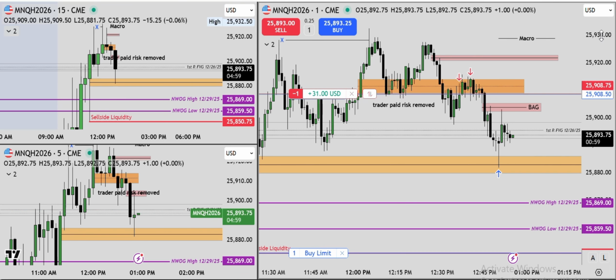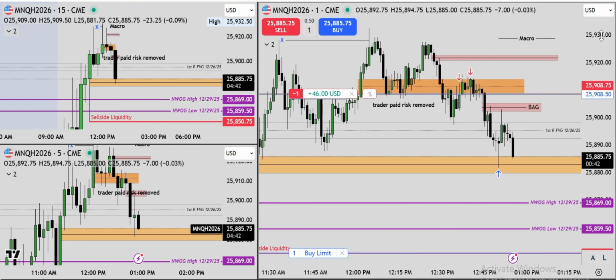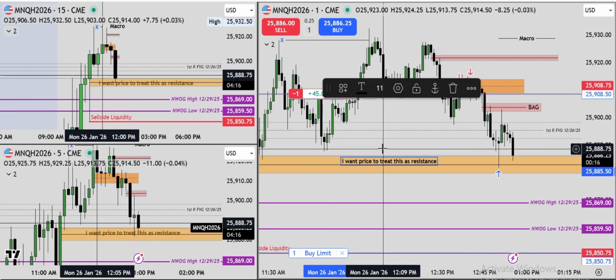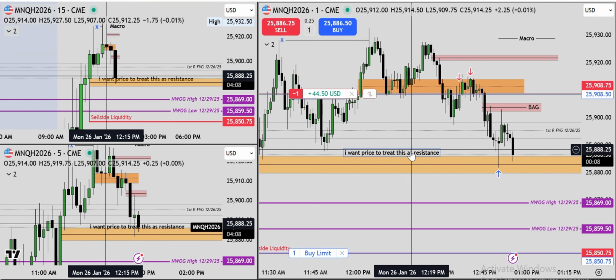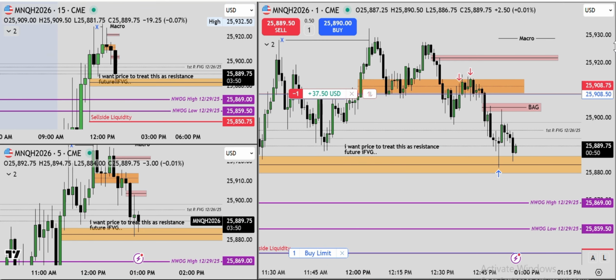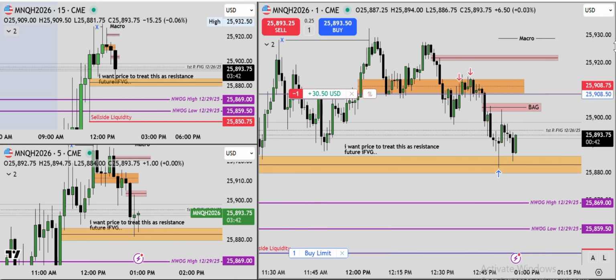I want to see price trade to it, trade below it and close below it, and that would make it an inversion fair value gap, and now it would essentially use it as resistance to go higher.